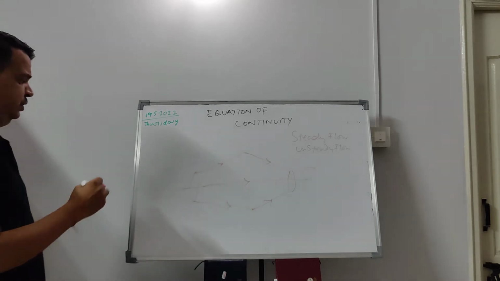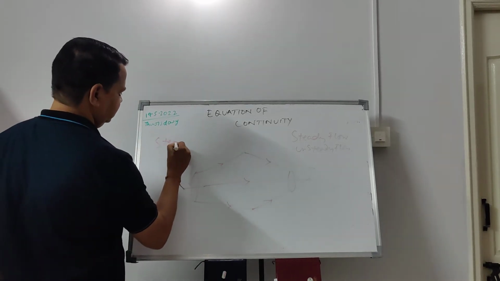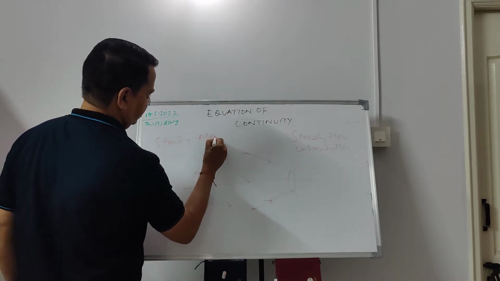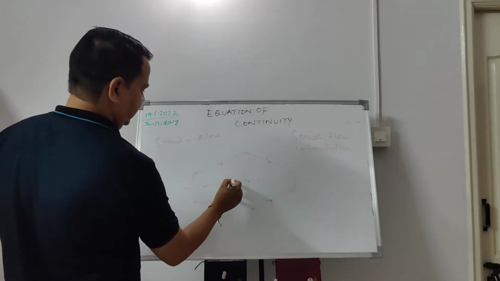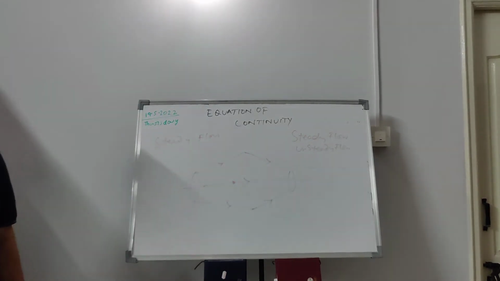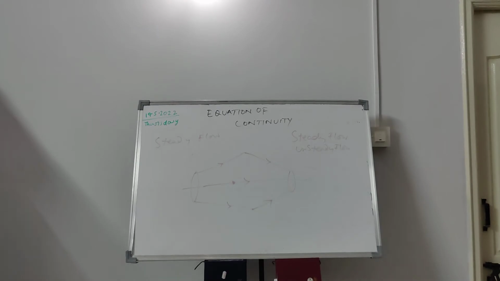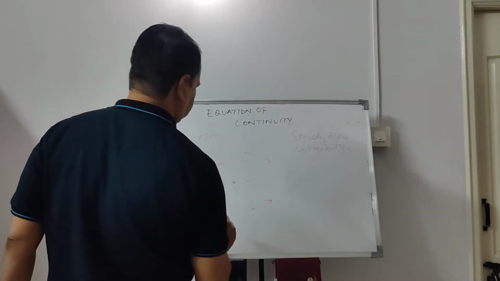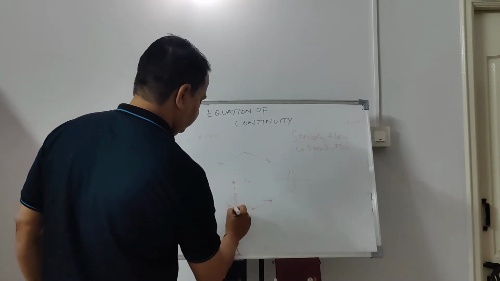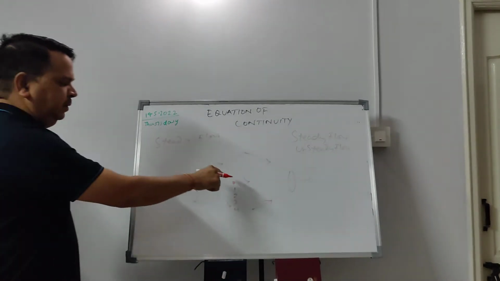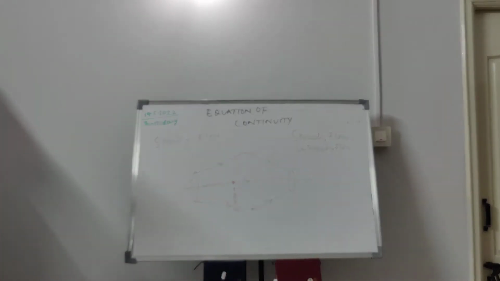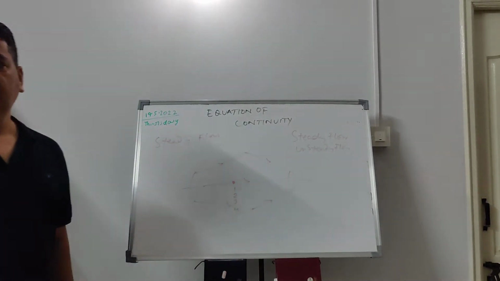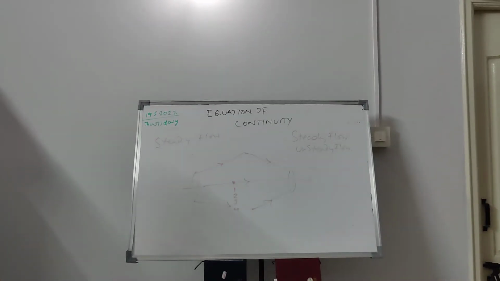Steady flow is the flow where, if you take any point and consider 1 second, 2 second, 3 second, 4 second, at every point of time the velocity remains constant. If that happens, then it is called a steady flow.